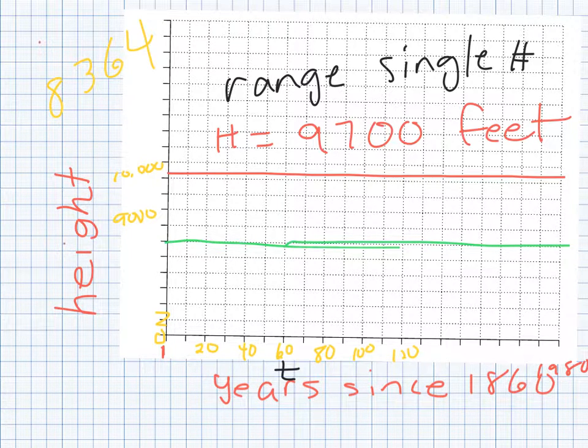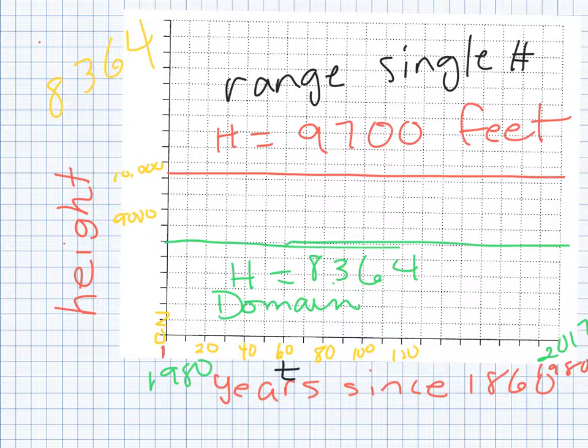What would be the domain of the function, and what is the range? So the height is going to be 8,364. The domain will be all the values from 1980 to present. So if we did a whole different number line, and now we wrote in here 1980, we ended with 2017 or whatever. That isn't in the proper increments, but that would be the domain. That would be the values of t down there.